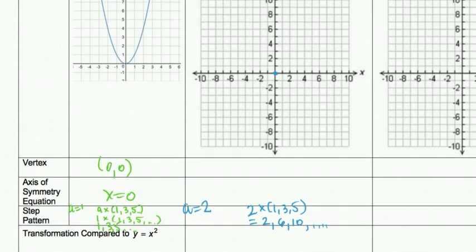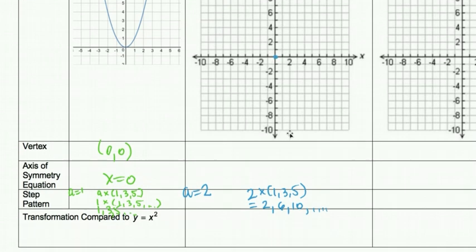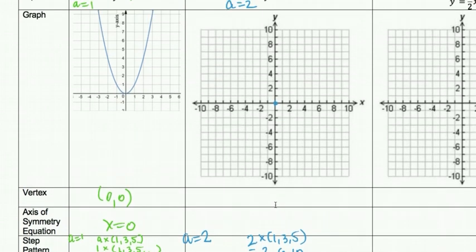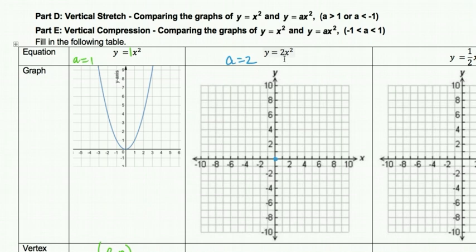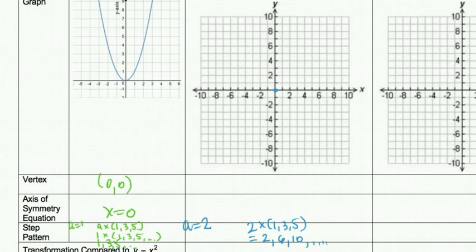Okay, so let's look back at the graph here. Here's our vertex. Here's the new step pattern that we determined for something that's multiplied by 2. So let's plot it now. Over 1, up 2, over 1, up 6. We won't be able to plot the up 10, so we'll just plot these ones.